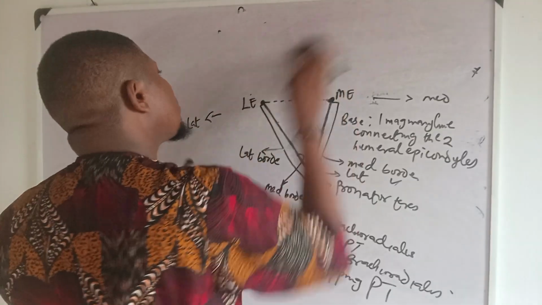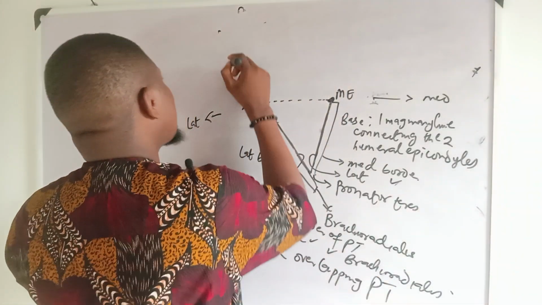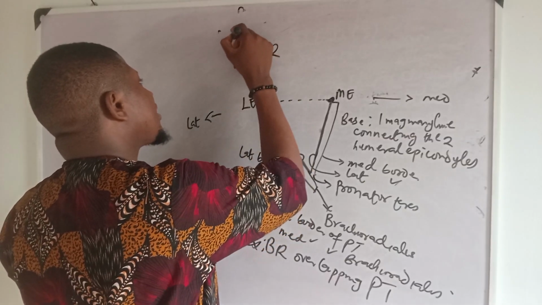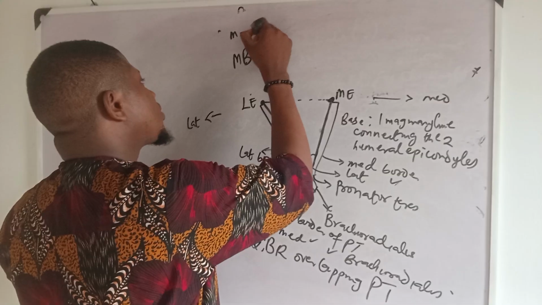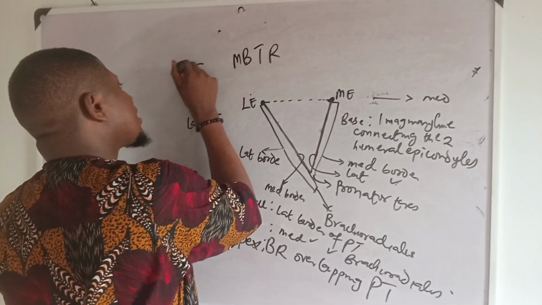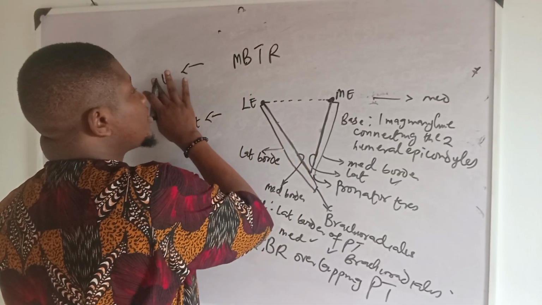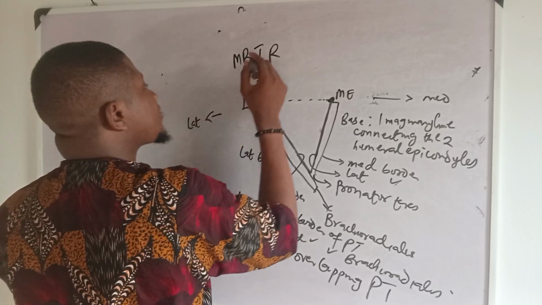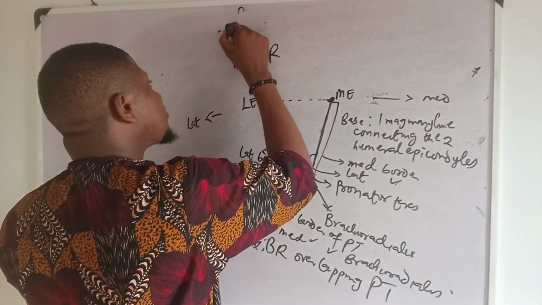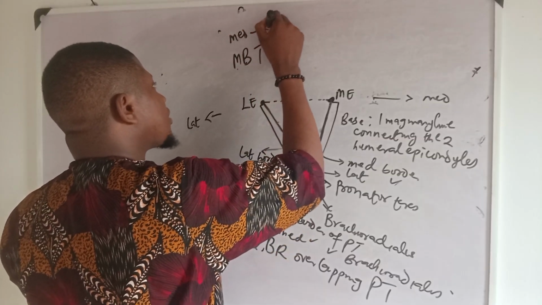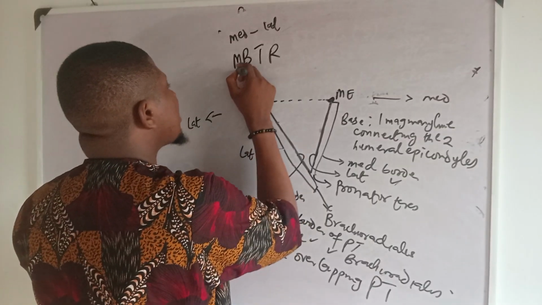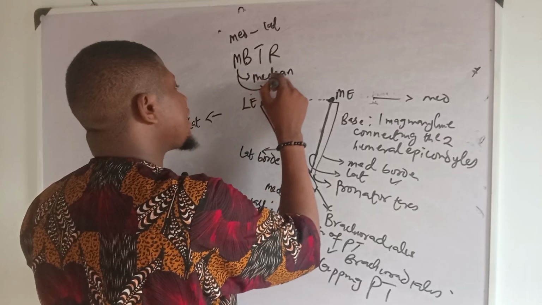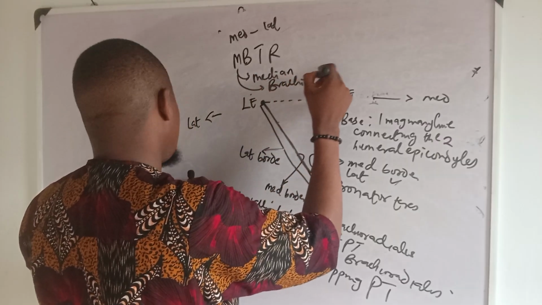The content of cubital fossa: I'll say MBTR. This arrangement is from medial to lateral. Let's say this side is lateral. The most medial is the median nerve, that is the M. Then followed by B, the brachial artery.